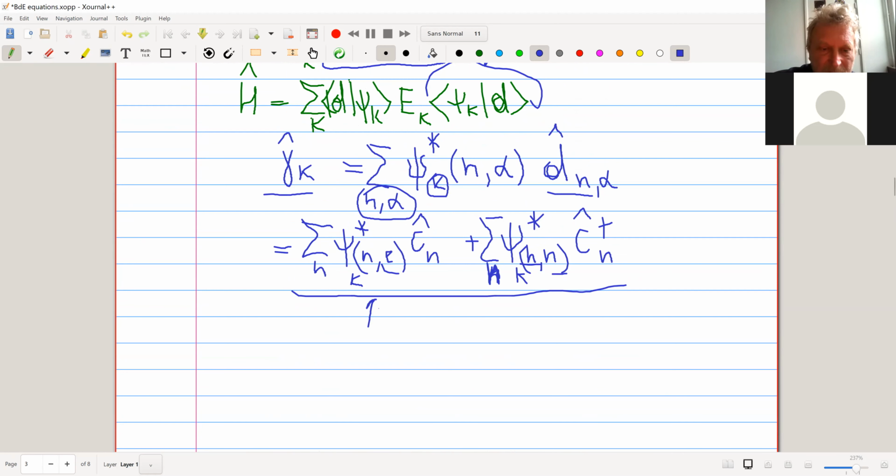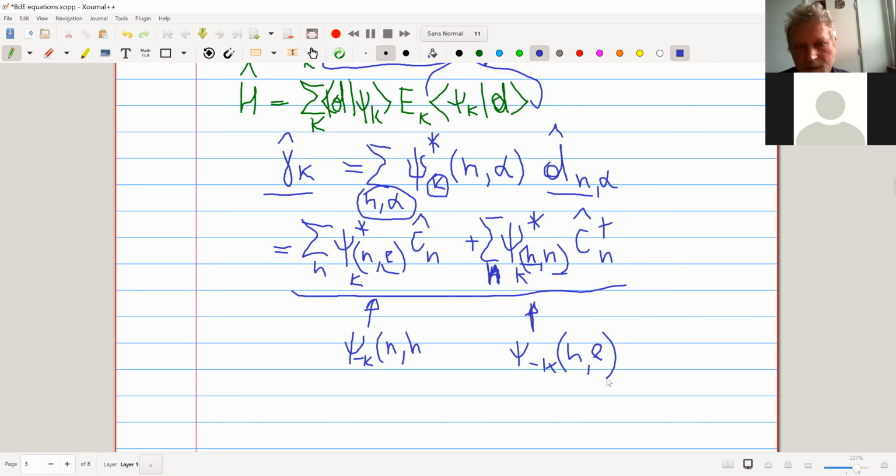So instead of delta, instead of this part, we set some k, minus k, opposite energy and h. And instead of this, we substitute minus k and electron.